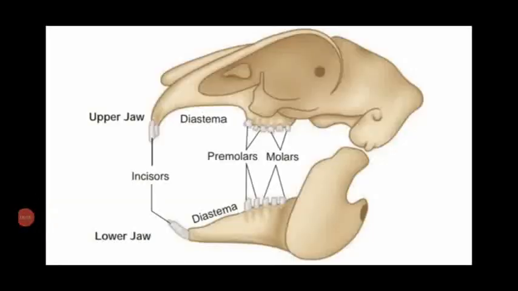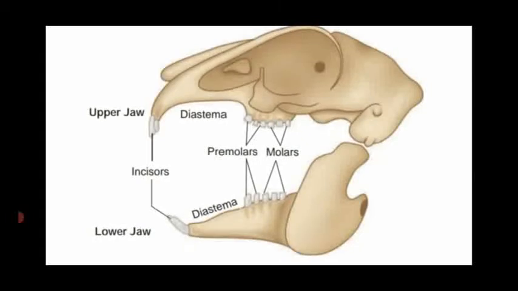Dear students, this is the arrangement of the teeth in the mouth region of the rabbit. The upper one is the upper jaw, then the lower one is the lower jaw, which consists of 4 different types of teeth. At the tip of the jaw, they have incisors.